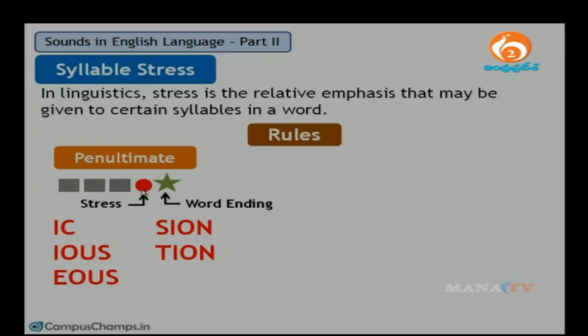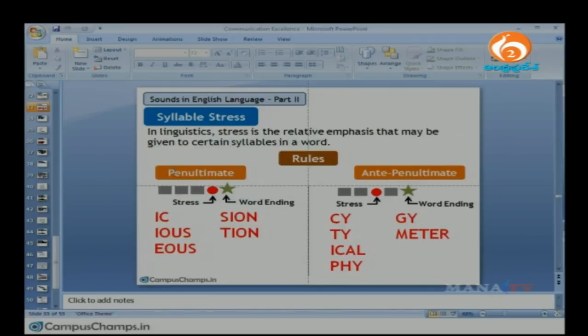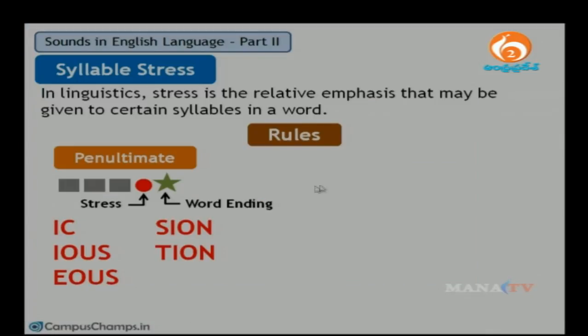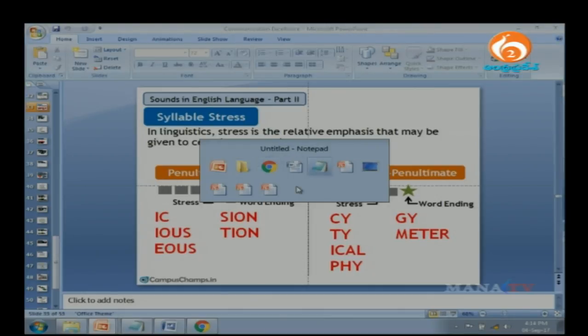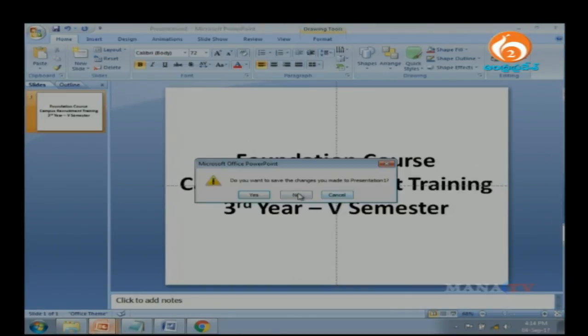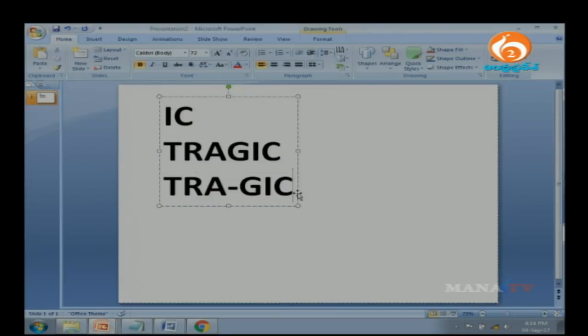Second last will take the stress. All right. So which is the second last syllable? This is my second last syllable, and I will say tragic.